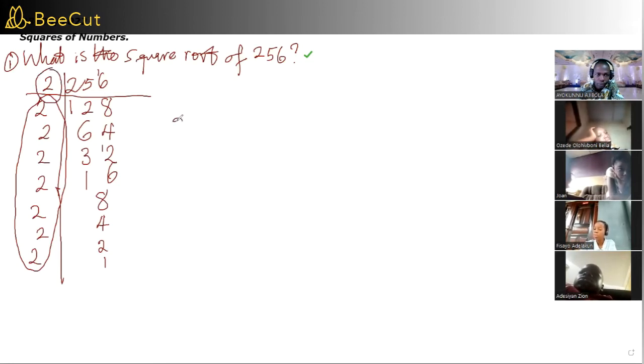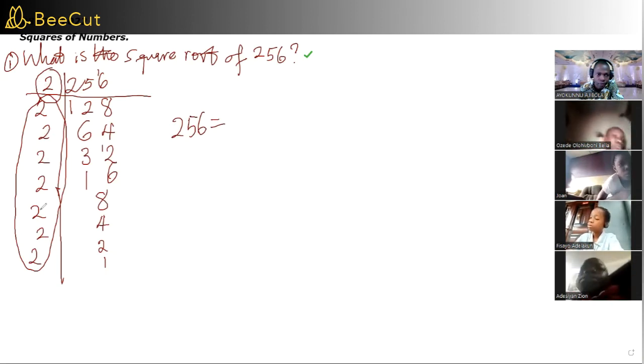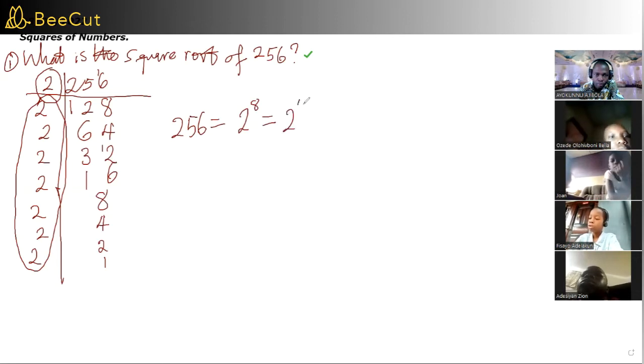So you're going to write 256 equal to the multiplication of all these numbers. So how many 2s? 1, 2, 3, 4, 5, 6, 7, 8. That is 2 raised to power 8, which could be divided into 2 raised to power 4 times 2 raised to power 4.